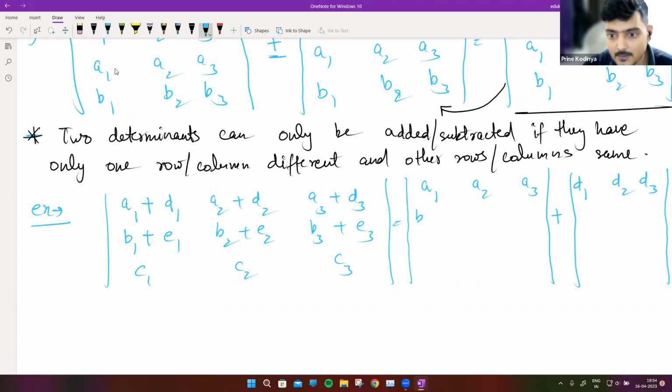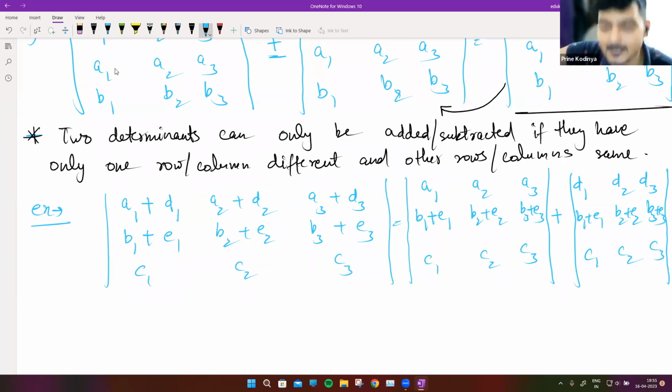So this would become B1 plus E1, B2 plus E2, and then B3 plus E3, and this will be C1, C2, C3. This will be again B1 plus E1, B2 plus E2, B3 plus E3, and this would be C1, C2, C3.